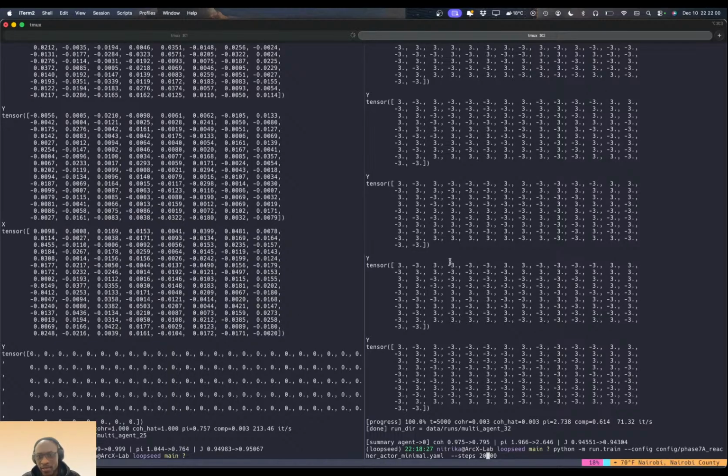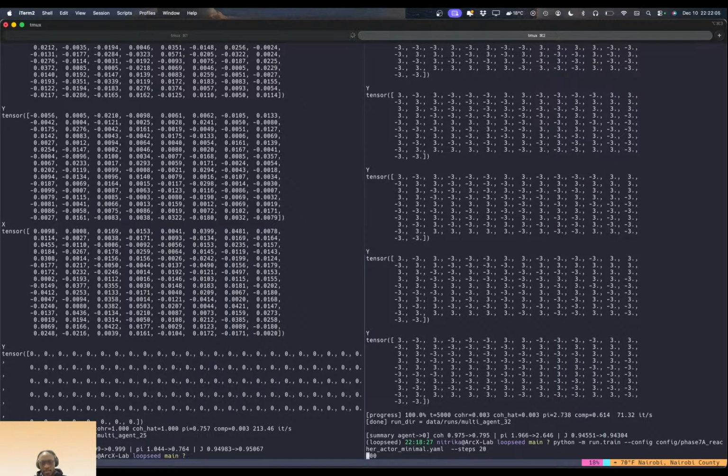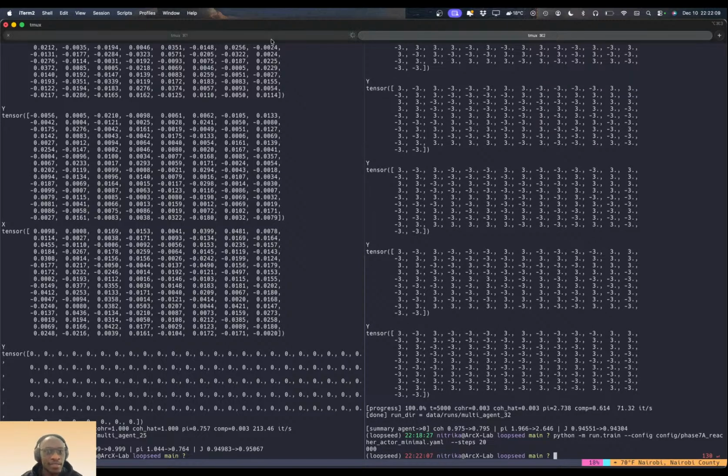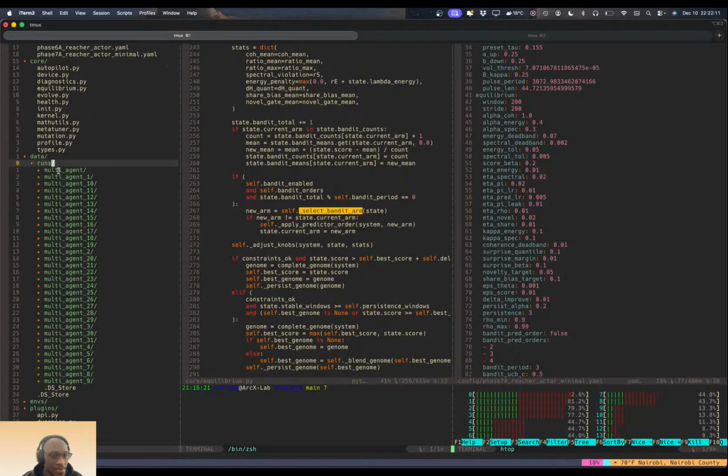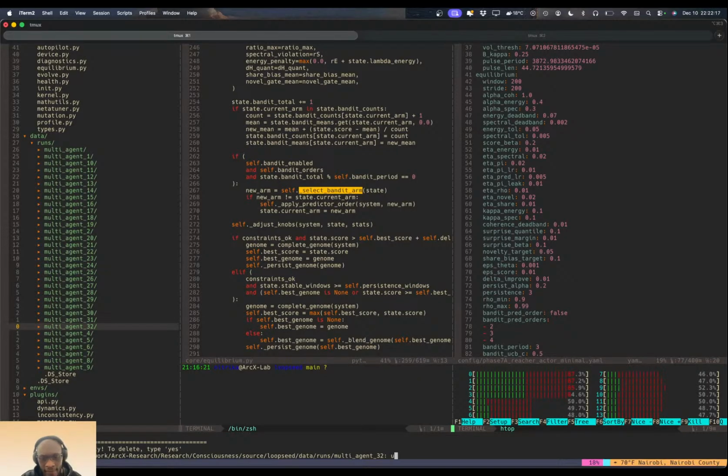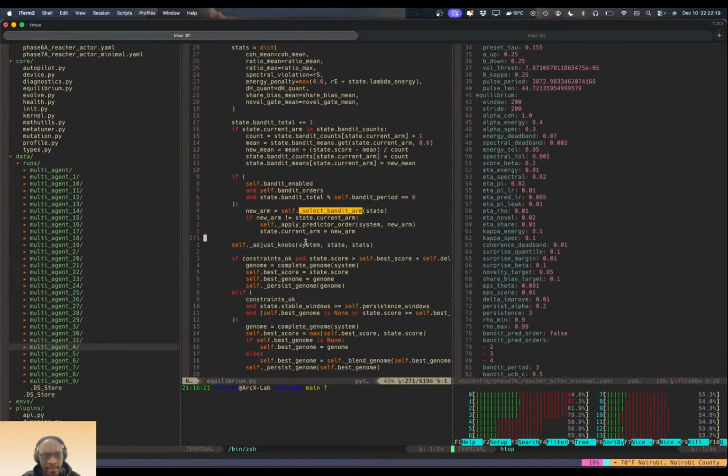I don't know if these prints will eat up a lot of compute memory, but let's see. I want to get some stuff out.